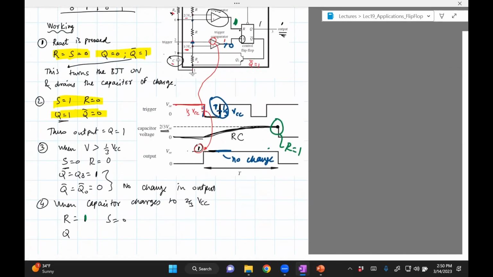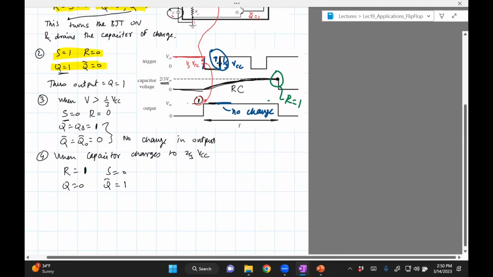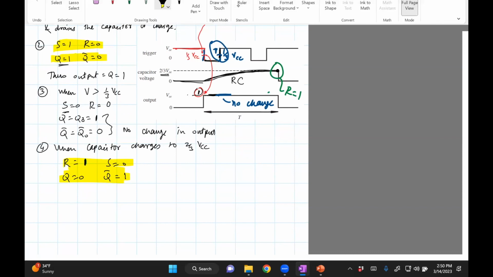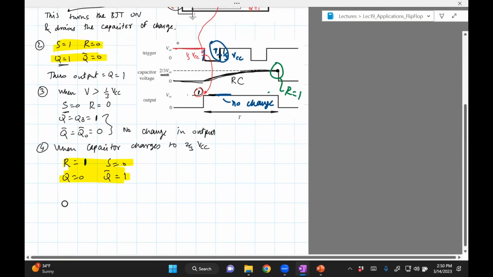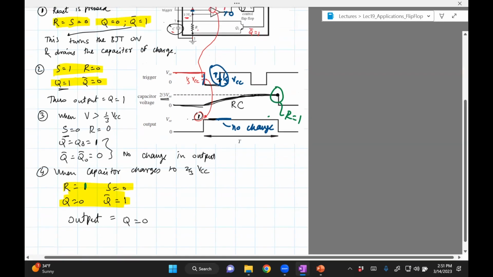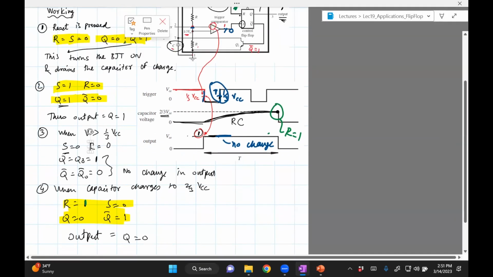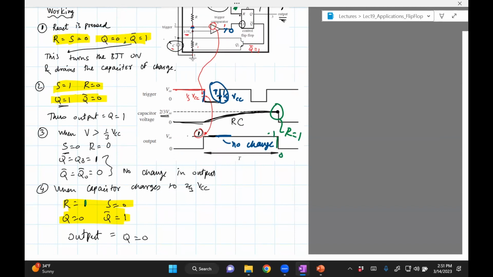So Q equals 0, Q bar equals 1, which means that the output equals 0. The output equals Q, and Q equals 0. Okay, so you see that right here, the output goes from 1 to 0. Okay, so that's the explanation.